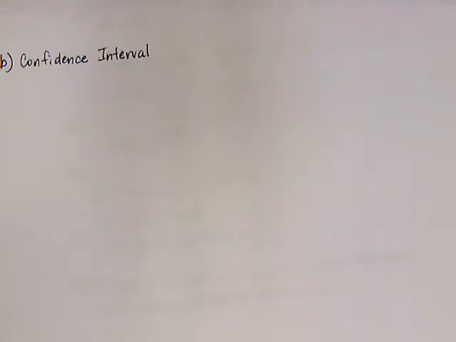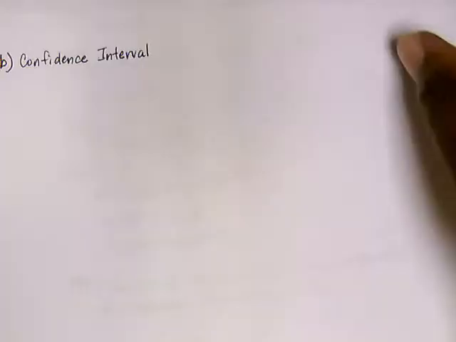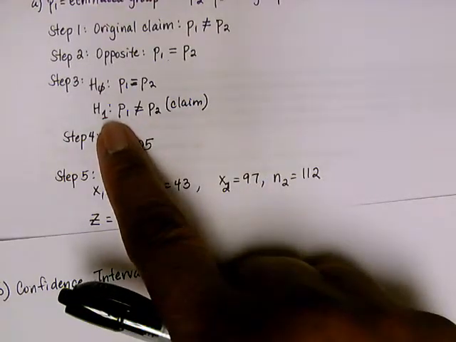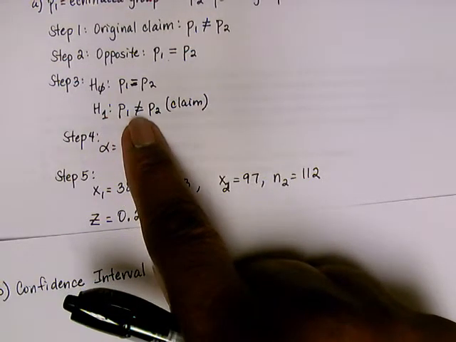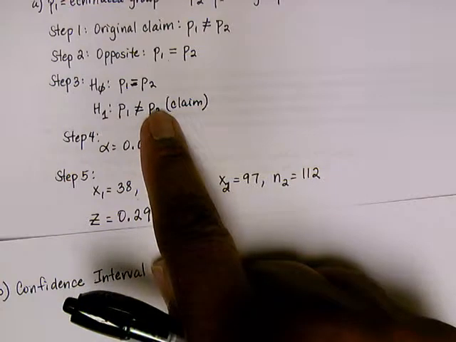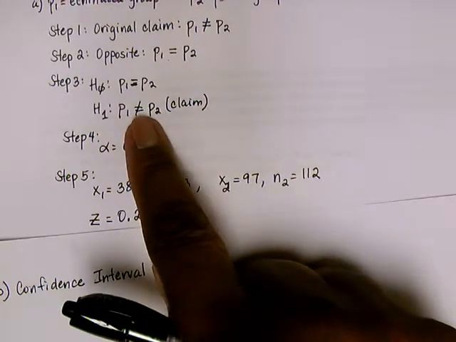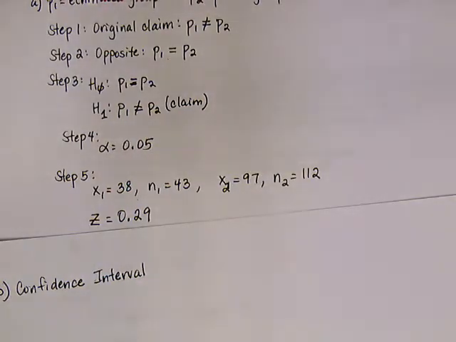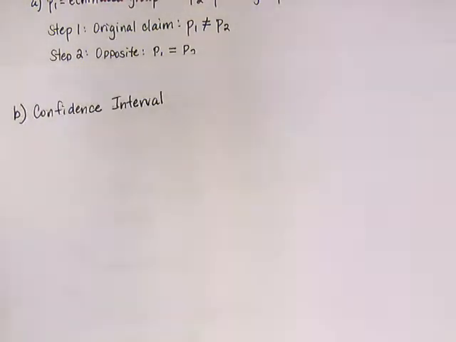Okay, in this case here, if we look at our alternative hypothesis back in step number 3, we found the alternative is p1 is not equal to p2. So this is a two-tailed test, by the way. Not equal to means that it's a two-tailed test.